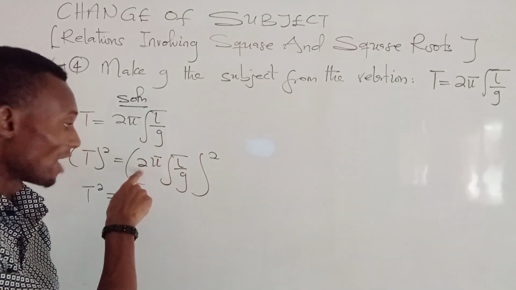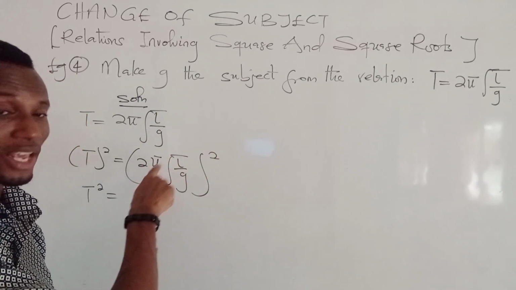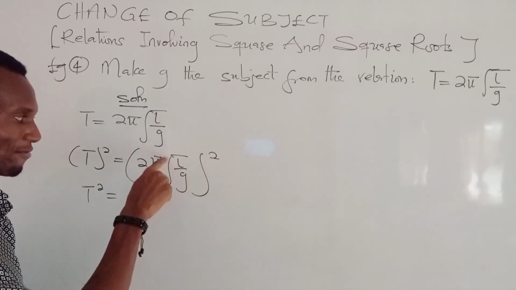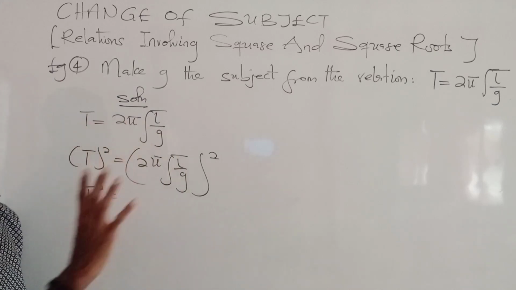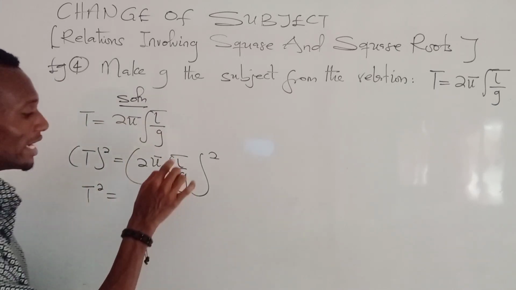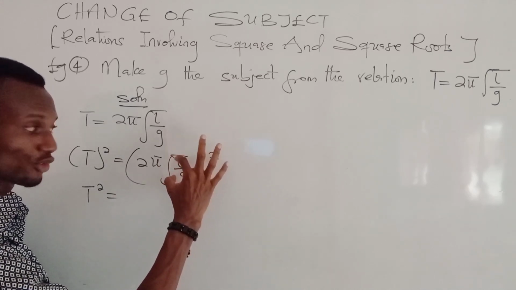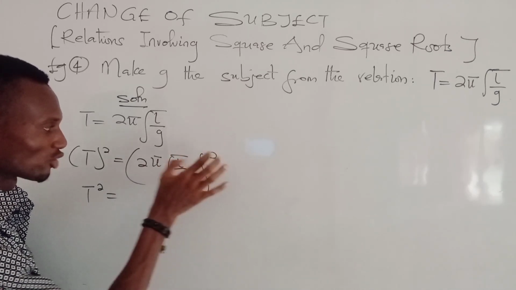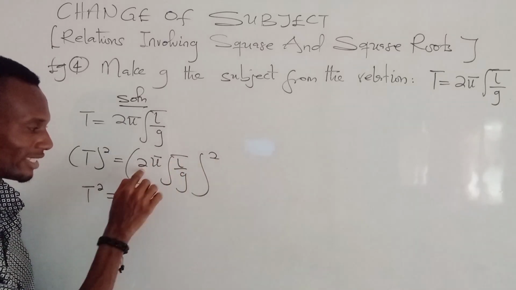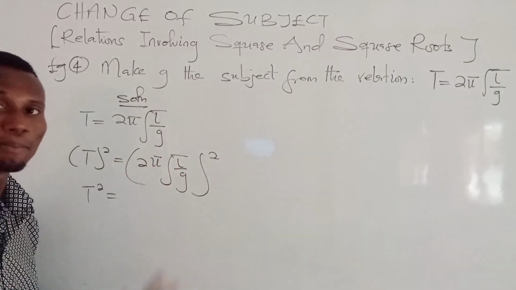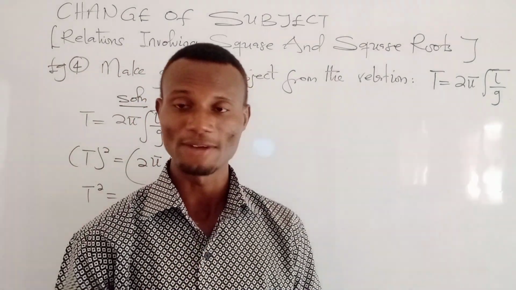So this power 2 will affect the 2 here, the pi here, and the square root of L over G as well. Because L over G is inside the square root sign, the power 2 affects the square root sign. I hope the explanation is clear enough up to this point.